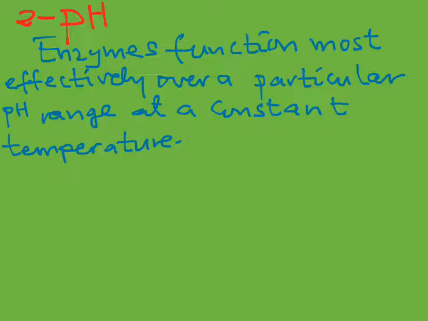Enzymes function most effectively over a particular pH range at a constant temperature. Because if the temperature is not constant, it will not affect exactly the enzyme activity. If you are trying to analyze the effect of the pH, you must keep the temperature constant.